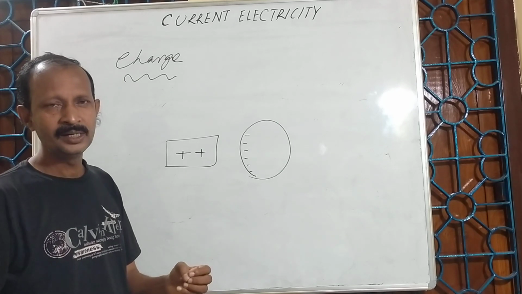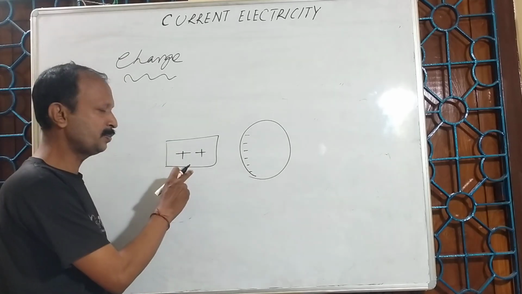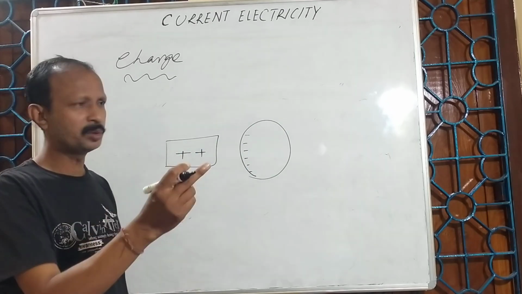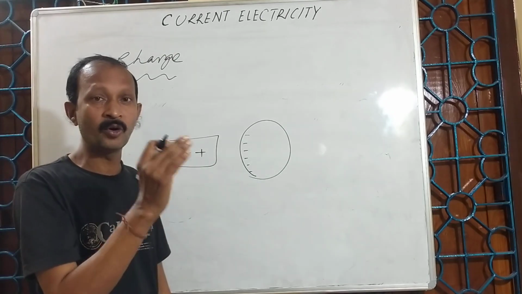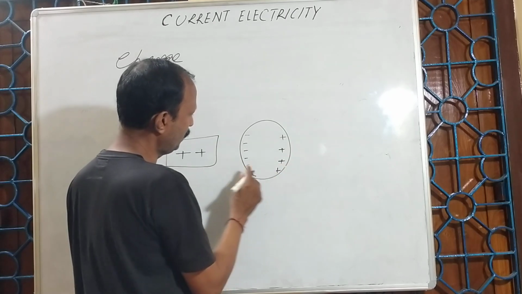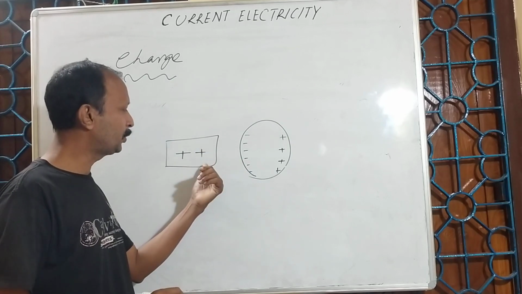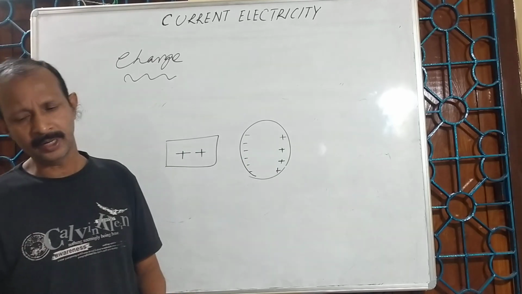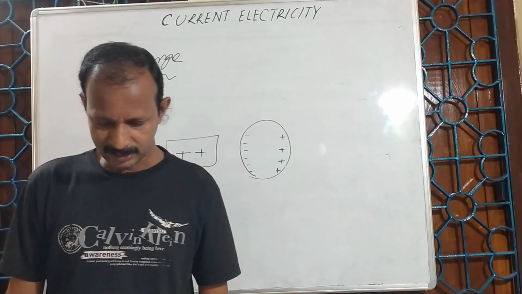That is nothing but the electric field. As a result, the charged body exerts some force. Due to that, negatively charged particles are attracted towards the positive body. So this side becomes negative and this side becomes positive. So definitely there will be attraction between positive and negative. So I can say that a charged body can attract an uncharged body.